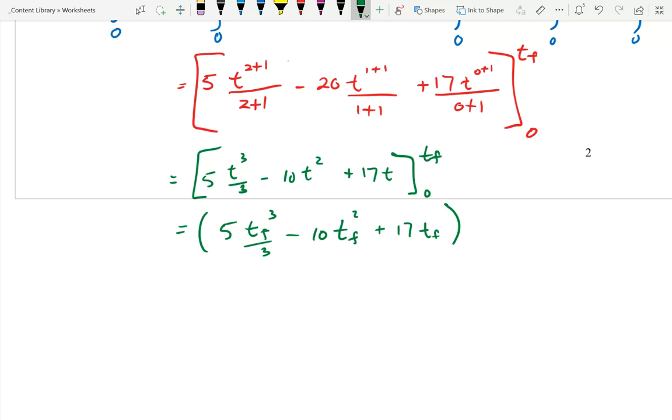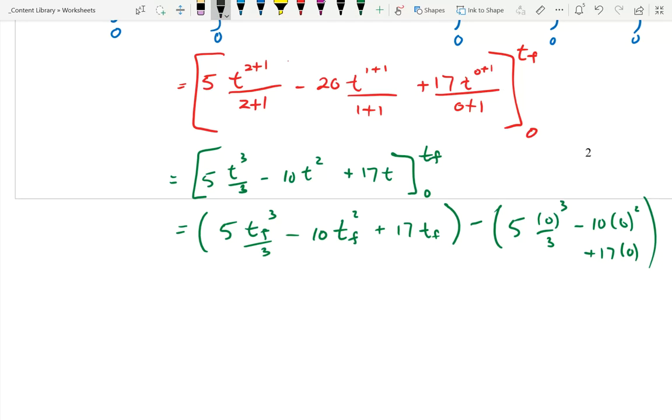So there I put the upper limit minus the lower limit. Now notice, in this case, but certainly not in the next case, all of the ones where I put in 0 for my limit were zeros.